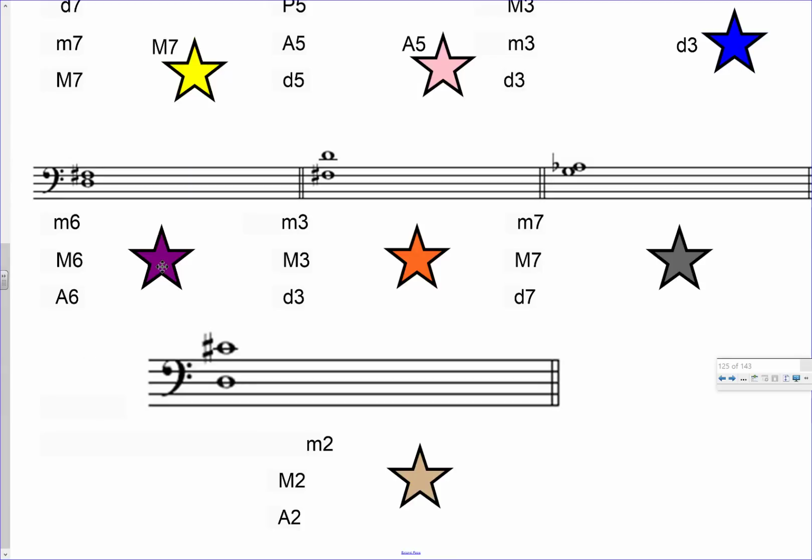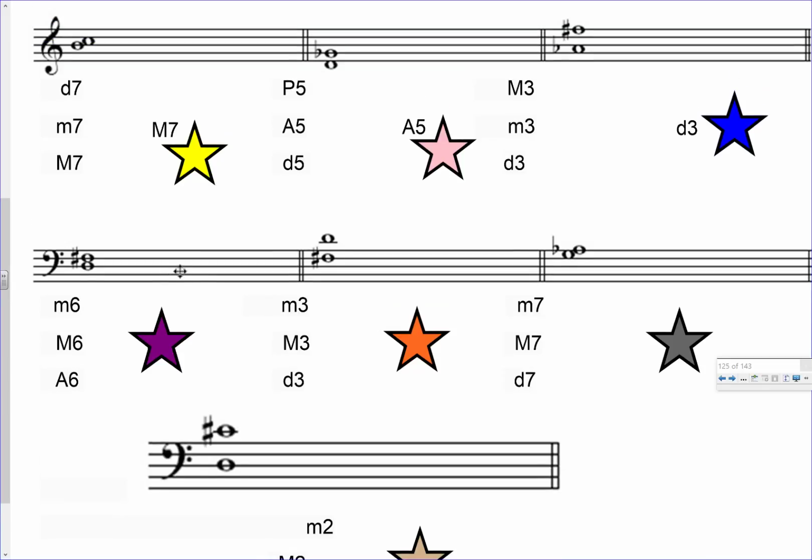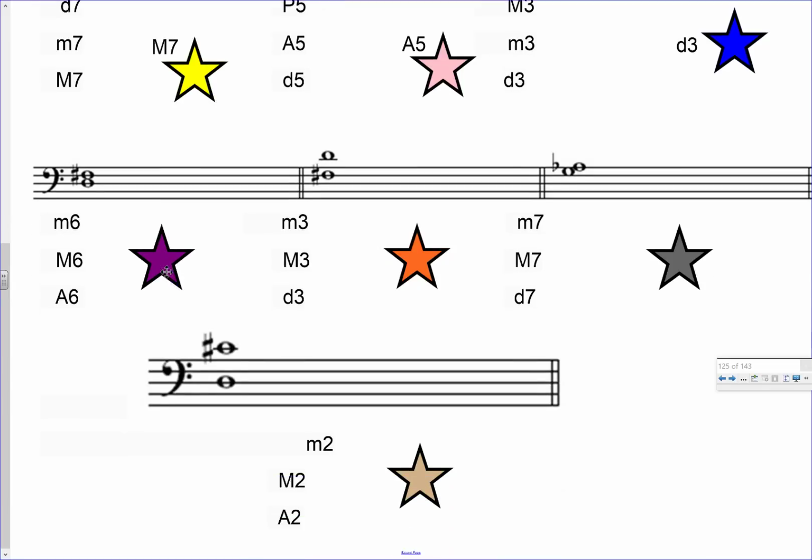For the purple star, D to F sharp, and notice now we're in bass clef. D to F sharp, so F sharp to D, minor sixth. Next one, orange star, F sharp to D, inverted, D to F sharp, would be a major third.